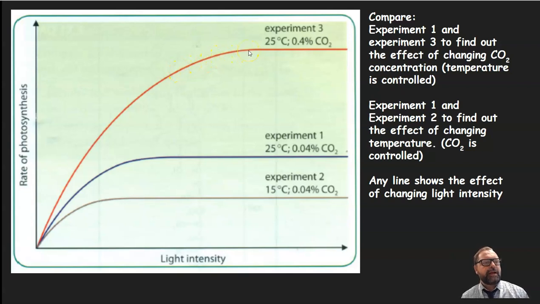At the point that they level out, something else is limiting photosynthesis other than light intensity. So for example, in experiment 3, at the point where it's become horizontal, we could increase the rate of photosynthesis further only by increasing the temperature or increasing the CO2 percentage.